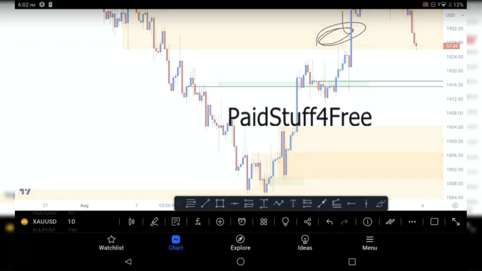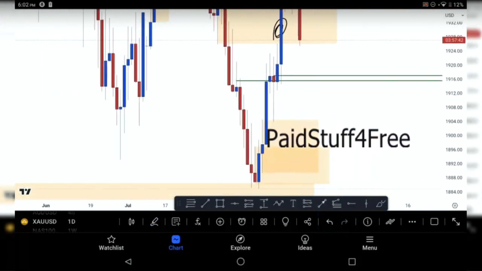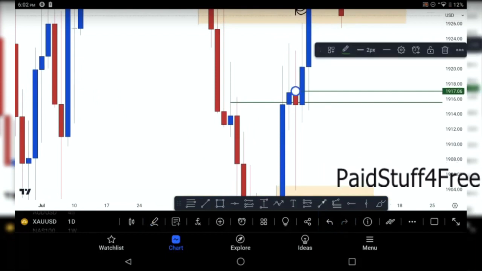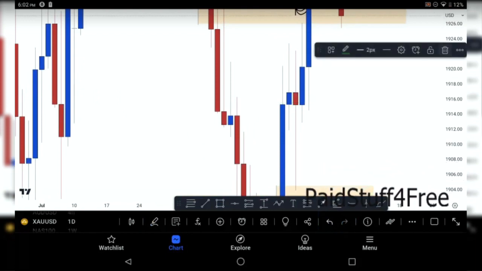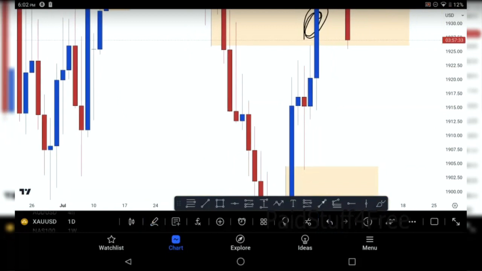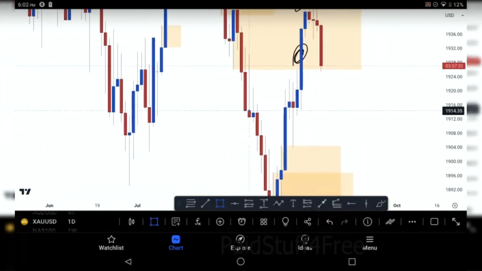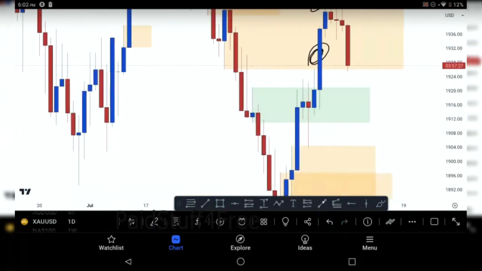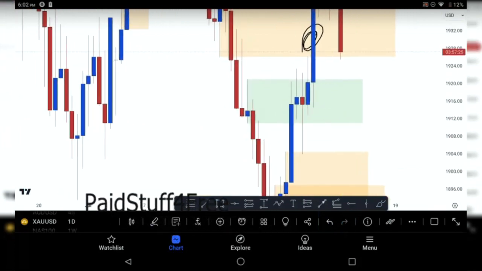Now on my daily time frame, price tapped into this daily time frame and closed as a bearish candle. Right? Now, since price has tapped that zone and closed as a bearish candle, I'm like, okay, fine.